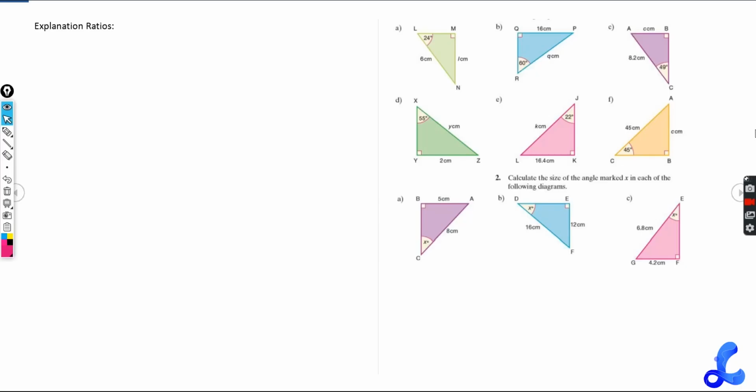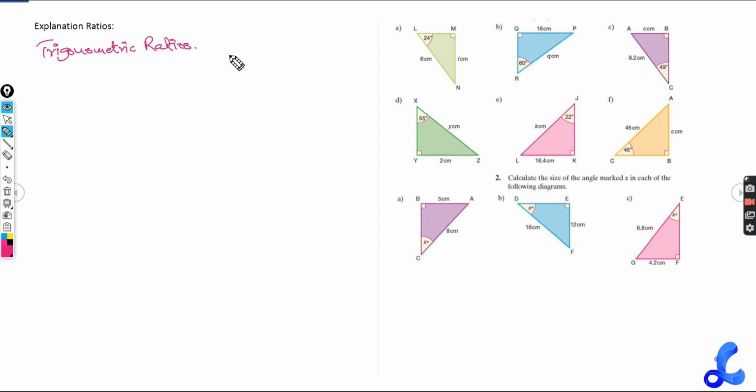So the next topic that we have is trigonometric ratios. Till now we have done Pythagoras theorem.